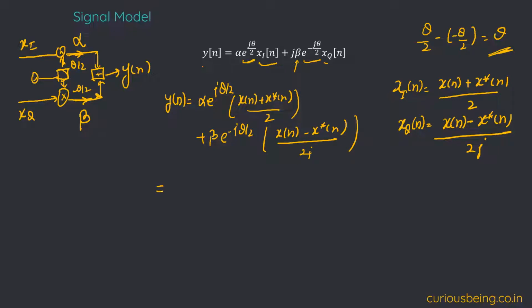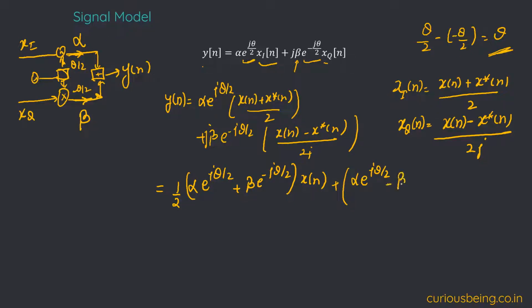Okay, so what will it be? 1 upon 2 times (alpha e to the power j theta by 2 plus beta e to the power minus j theta by 2) into x[n]. Sorry, it will be j here also, plus (alpha e to the power j theta by 2 minus beta e to the power minus j theta by 2) times x star. Yeah, it is some hard work.